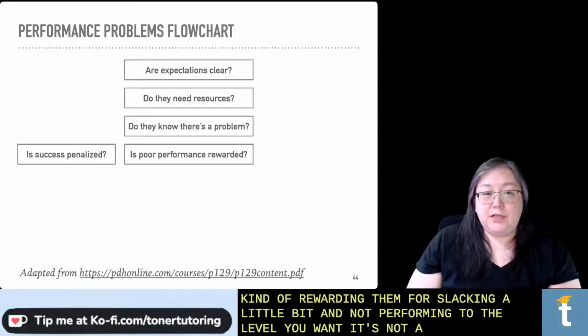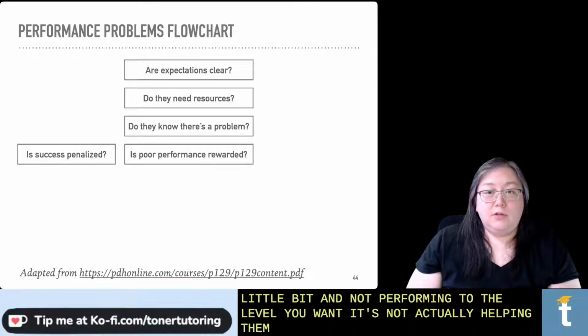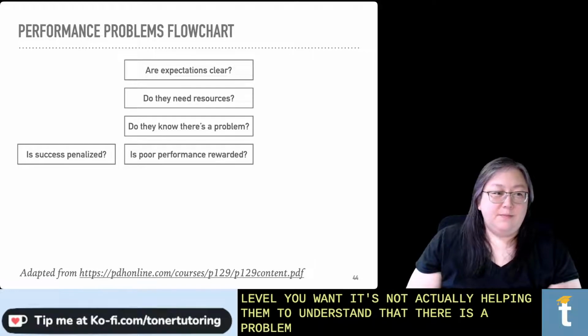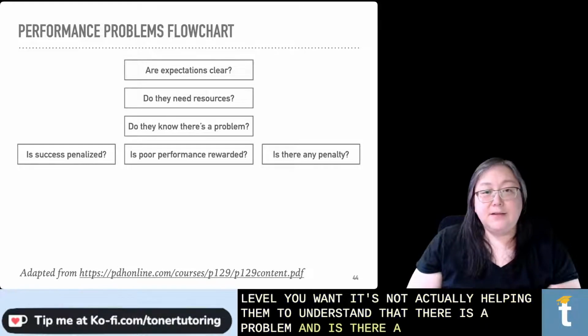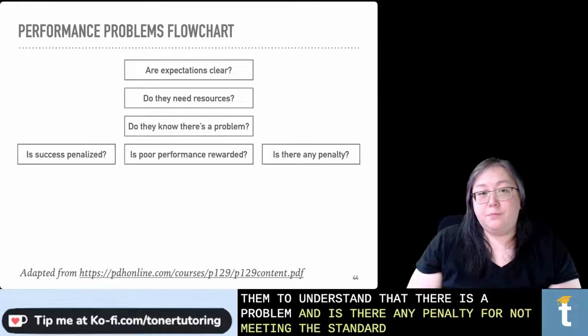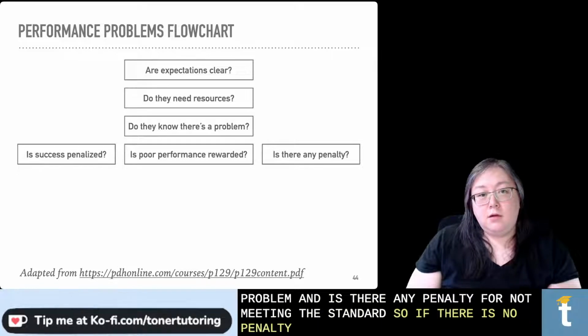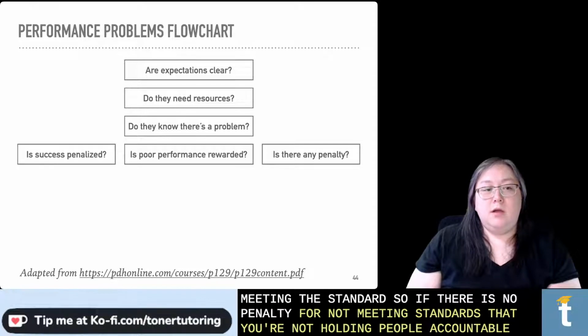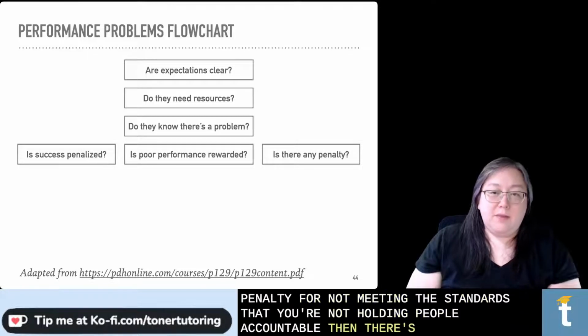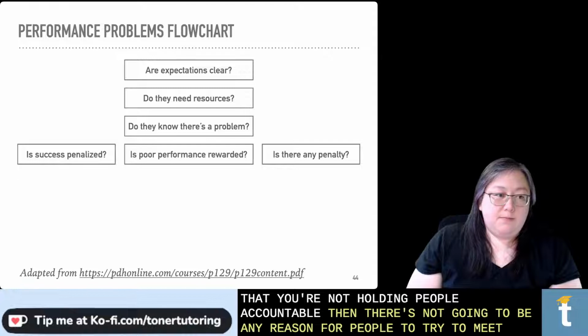It's not actually helping them to understand that there is a problem. And is there any penalty for not meeting the standard? If there is no penalty for not meeting the standard, if you're not holding people accountable, then there's not going to be any reason for people to try to meet the standard.